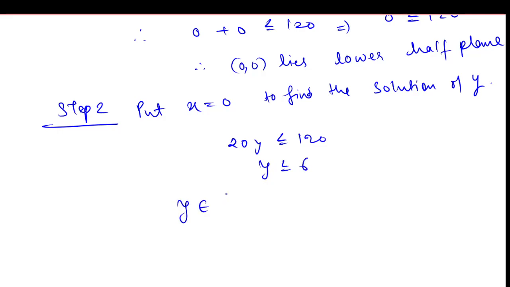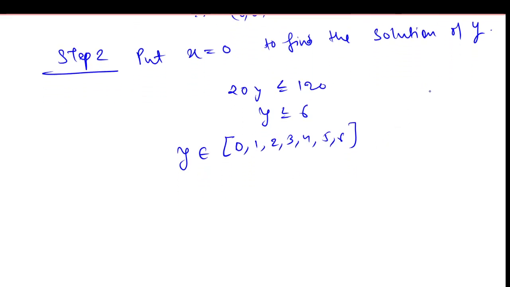So y belongs to 0, 1, 2, 3, 4, 5 and 6. This is how we plot. This is the y-axis and this is the origin. So this is 1, 2, 3, 4, 5, 6. This is the solution set of y.